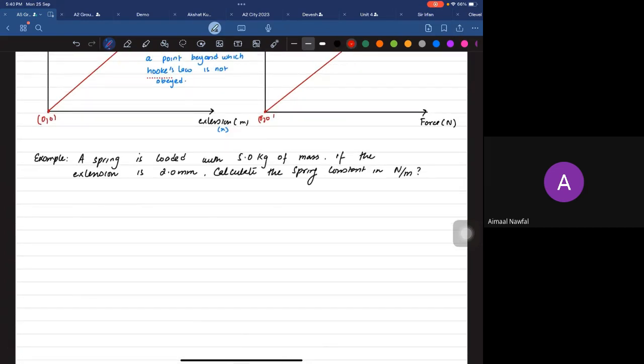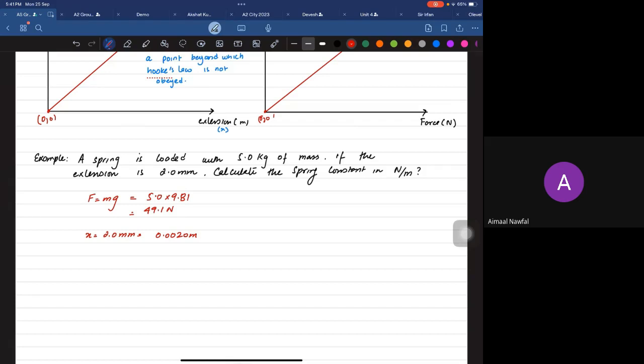Now, if you load something with a mass, obviously the mass will have its weight acting as a force, which means the mass was 5, you got to multiply it by 9.81, right? This should give you about 49.1 newtons. So this should be the load. You got to change the extension into meters because it should not be in millimeters if you need the final answer in meters.